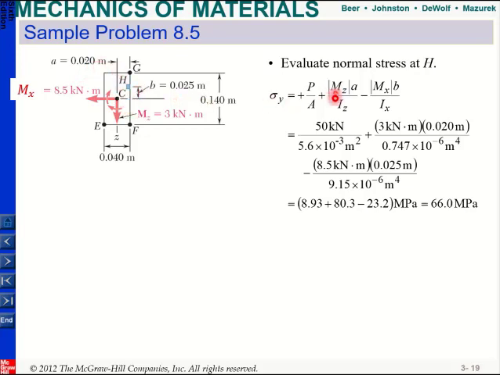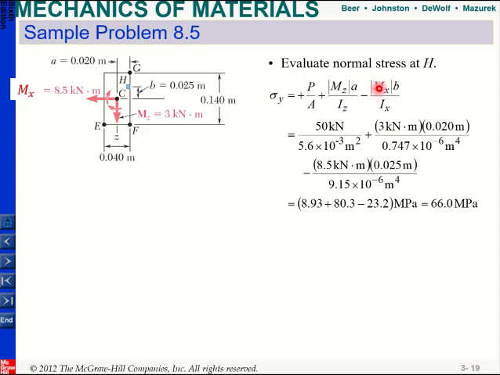Since I use Mz, I need to use my Iz, the moment of inertia along the z direction. Then if I look here, this is my Mx. Since my Mx is this way, it creates compression on this side and tension on the bottom side. This side is compression, so that's why I put my minus.